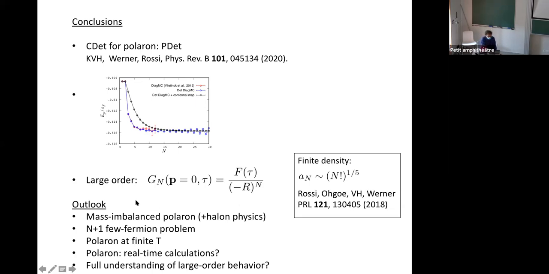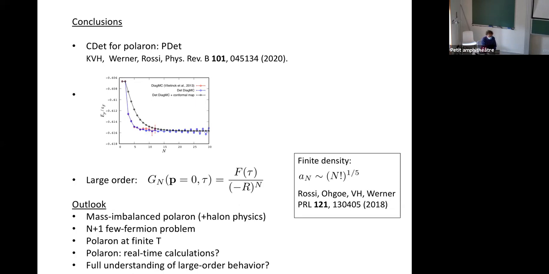Now with this algorithm, you can do many different things. One can look at the mass imbalanced Polaron and hope to see the halon physics, which was discussed earlier in the talk by Boris. One can also do few body physics for the n+1 problem, look at the Polaron at finite temperature.